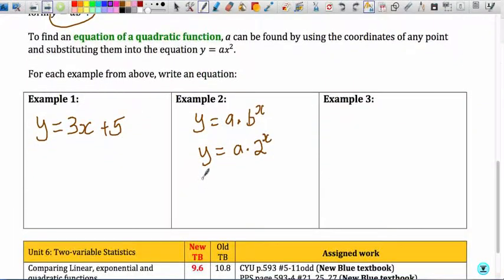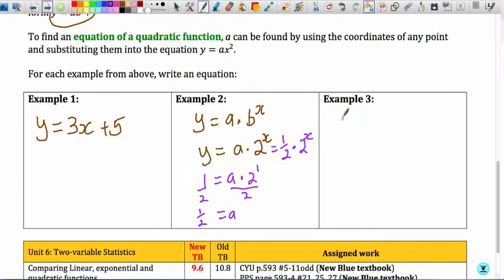So I'm going to substitute in the point 1, 1. That means y is 1 if x is 1. 2 to the power of 1 is, of course, 2. I can divide both sides by 2, and I am able to conclude that a is equal to 1/2. And now I can write my final equation as 1/2 times 2 to the power of x. And that gives me my exponential function.